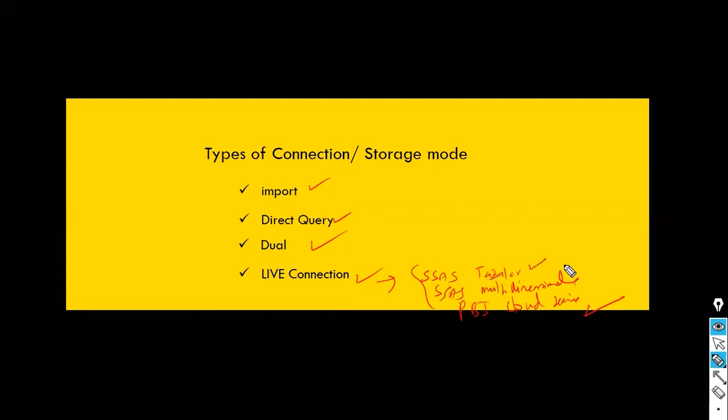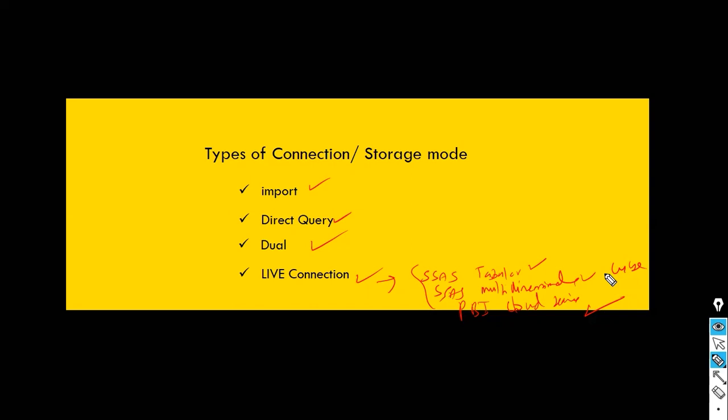Now the question is, what is tabular? Very well, it's the rows and columns. What is multi-dimensional? It's a cube. In school time we played with a cube, isn't it? If you rotate the cube in any dimension, we keep rotating the cube until we get the desired outcome, right? The same thing here. Cube is multi-dimensional. If you want to do slicing and dicing with your data, then creating a cube will be good.